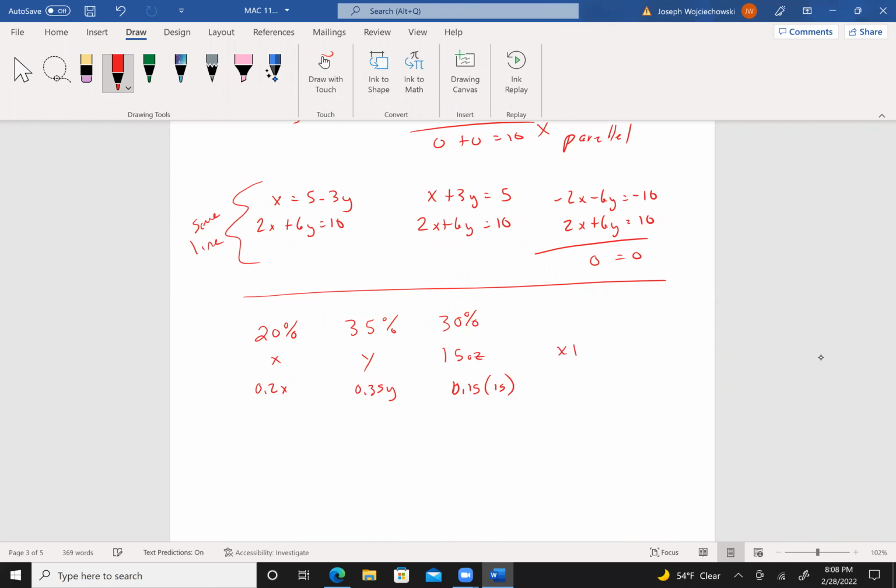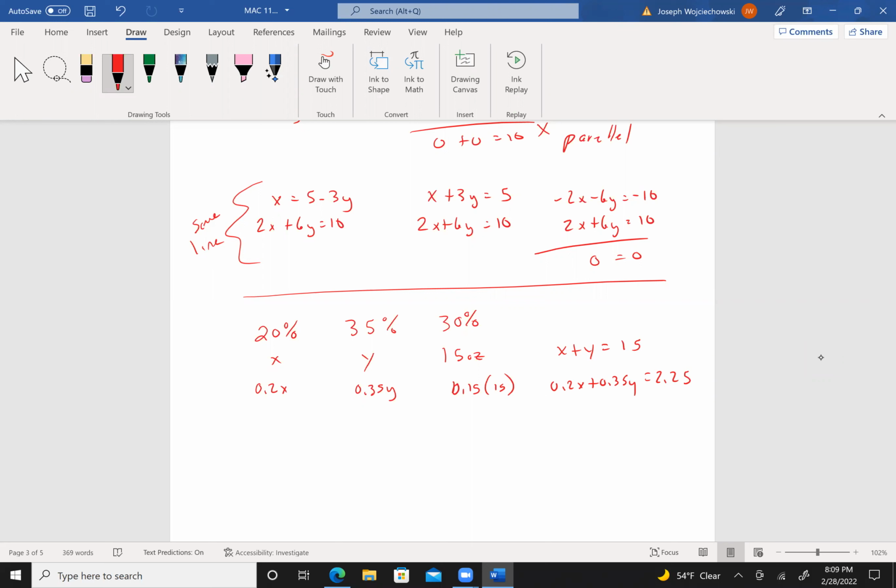So we have two equations here. We have x plus y equals 15, and we have 0.2x plus 0.35y equals, and this is what, 2.25? So I have my two equations. Again, we have one that has decimals in it.